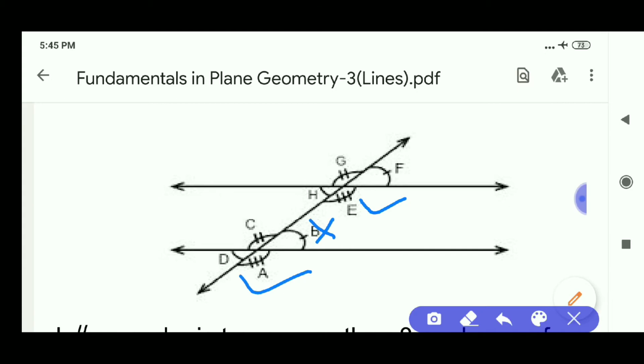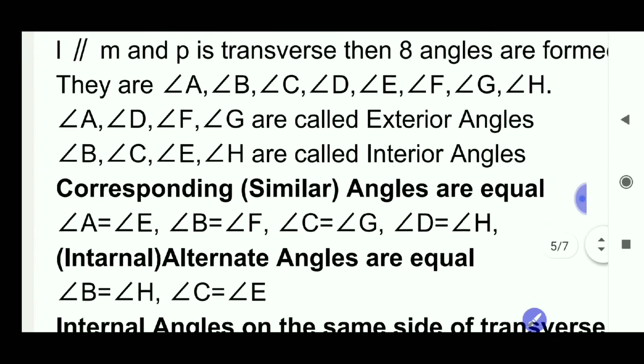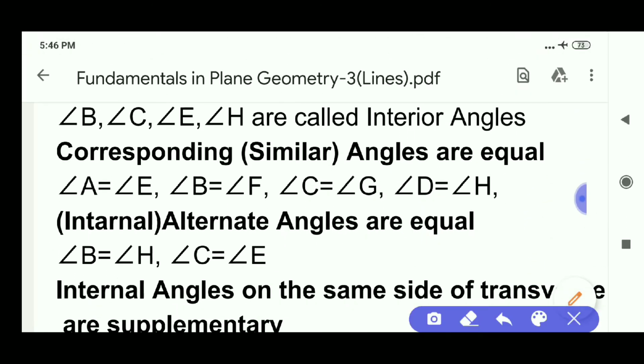Similarly, angle B is equal to angle F. Angle C is equal to angle G. And angle D is equal to angle H. Once again, corresponding angles or similar angles are equal.